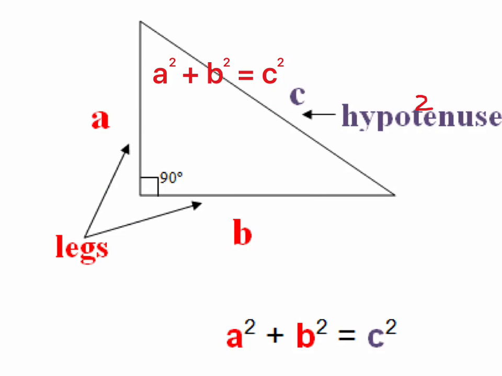Once we have substituted 7 in for A and 10 into the B spot, we can use algebra to determine what C equals. Now remember, 7 squared, 7 to the power of 2, is not 7 times 2. It means 7 times 7, which we know to be 49.